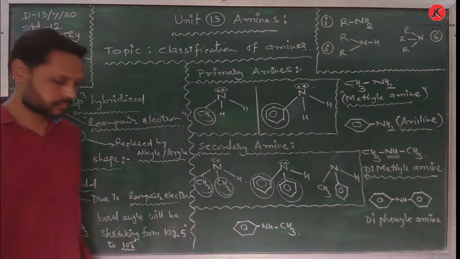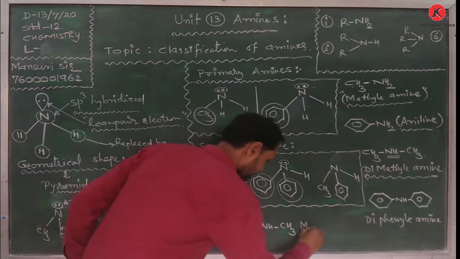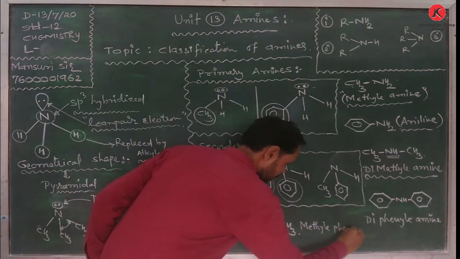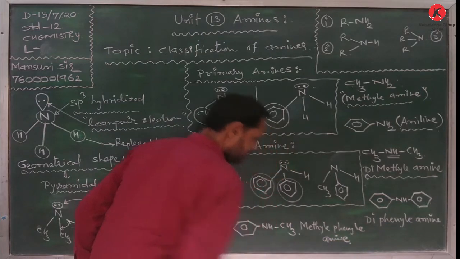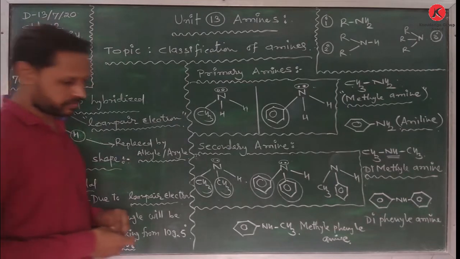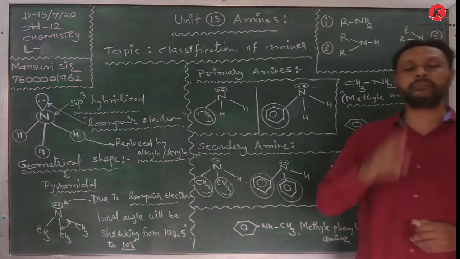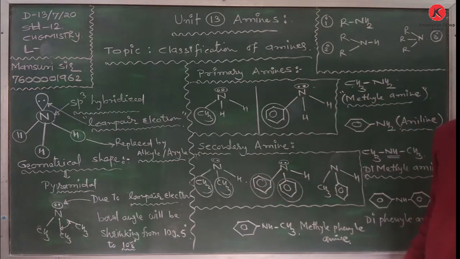And here methylphenylamine. So we can say the classification of amines is primary amine, secondary amine and thereafter tertiary amine, that is, 1 degree, 2 degree and 3 degree amines.